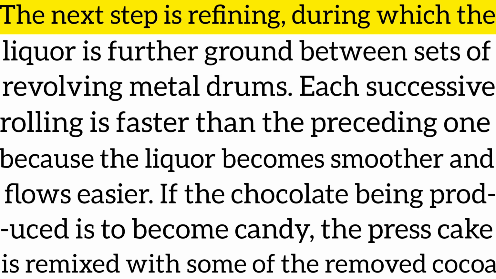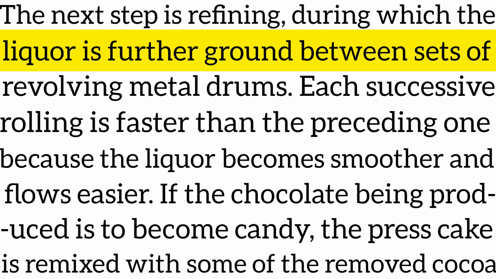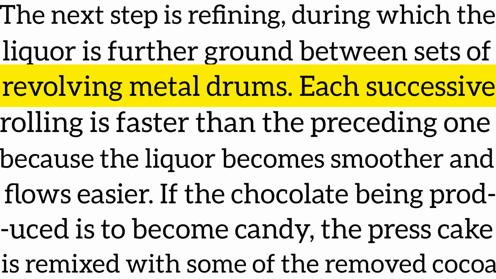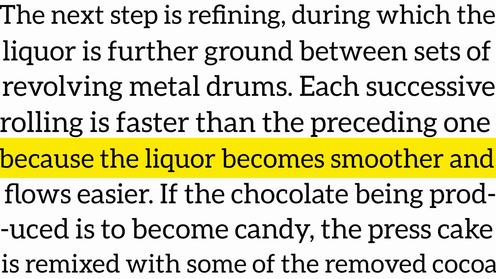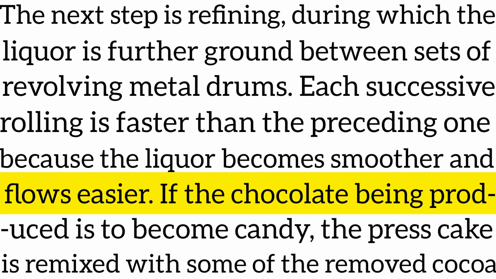The next step is refining, during which the liquor is further ground between sets of revolving metal drums. Each successive rolling is faster than the preceding one because the liquor becomes smoother and flows easier.